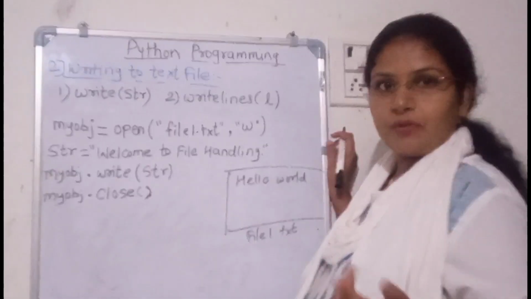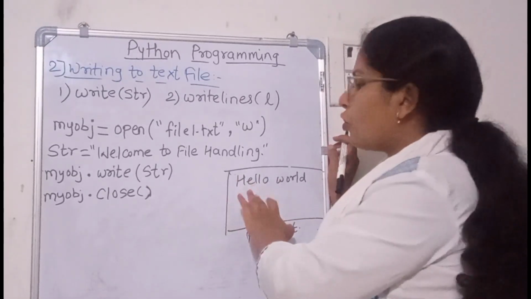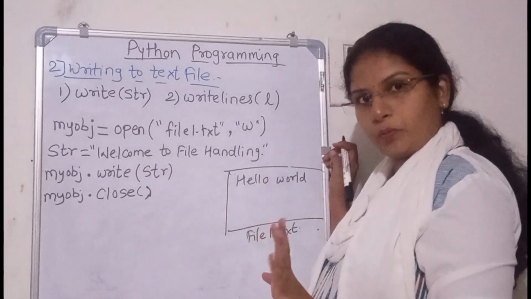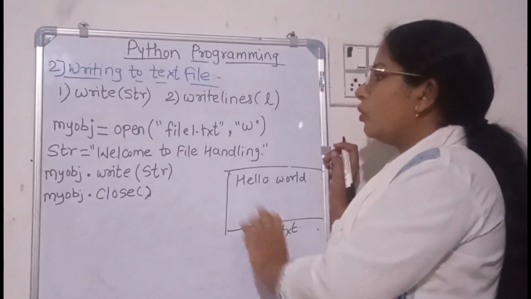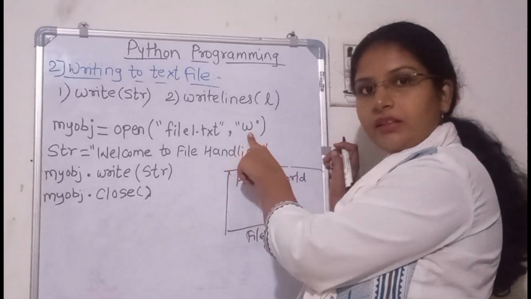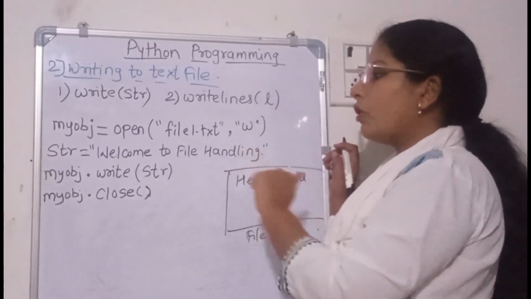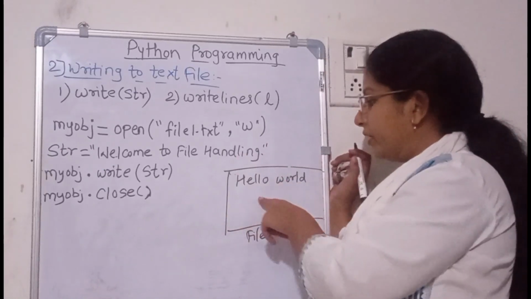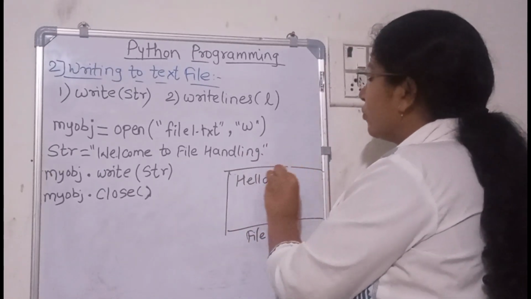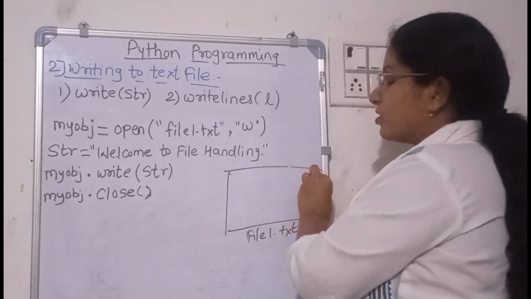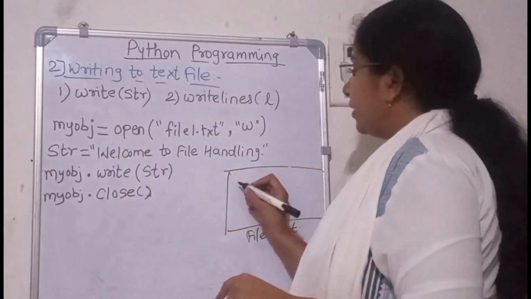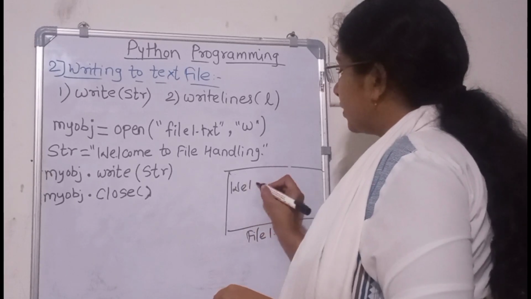Hello world is the line which is already written in file1.txt before writing this program. So if we are opening the file in write mode, then whatever content already exists in the file will be removed, will be erased completely, and then the new content will be written.